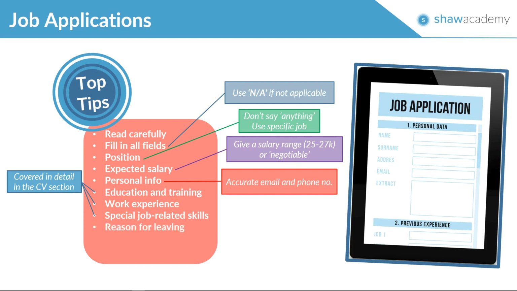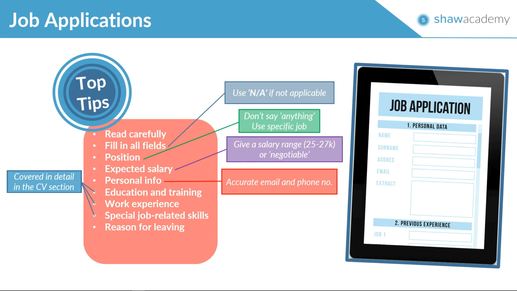Next up, reason for leaving. Be careful when giving a reason for leaving your previous job, or your current job if you're working at the moment. Even if your previous boss was a jerk or an idiot, you remember that word from lesson 6?